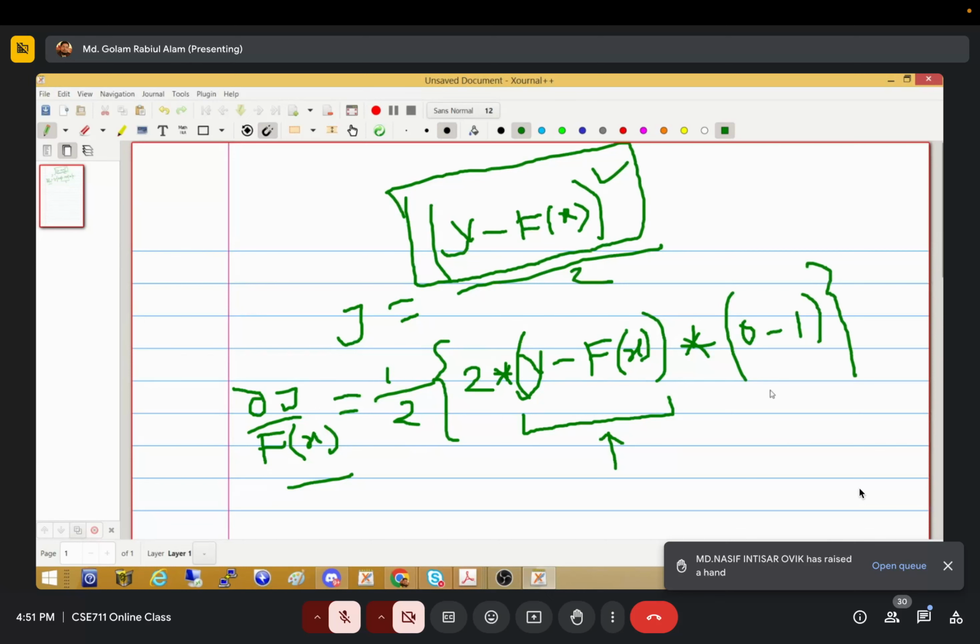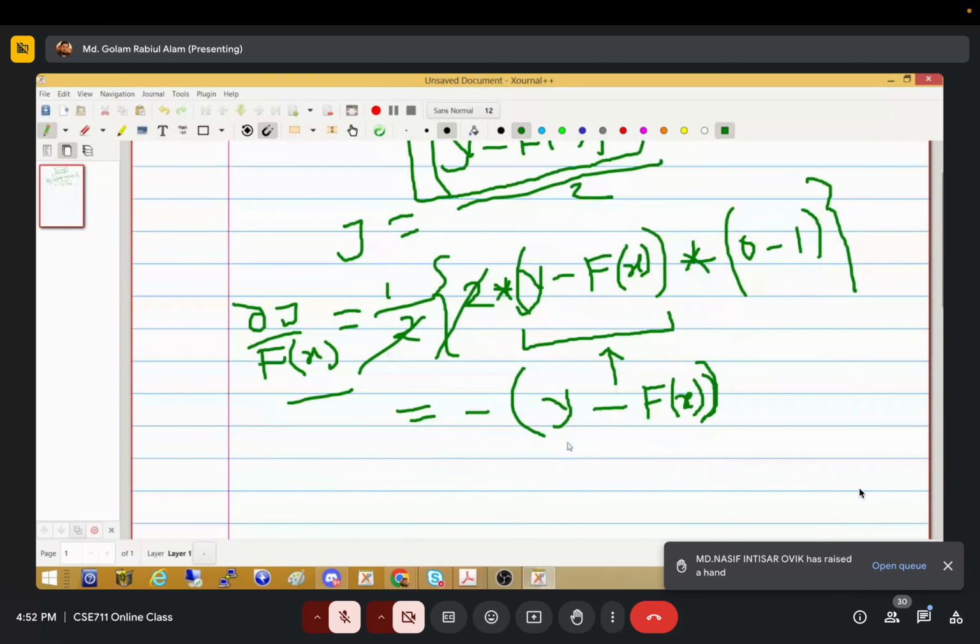So actually what will we get? The 2 and 2 cancel out, and then we get the negative of y minus f of x.